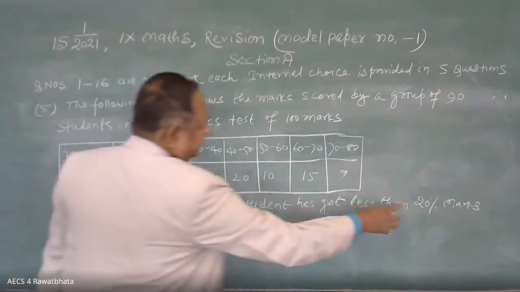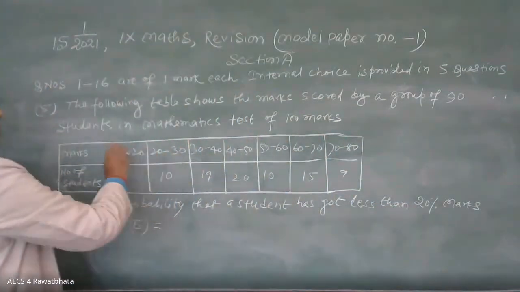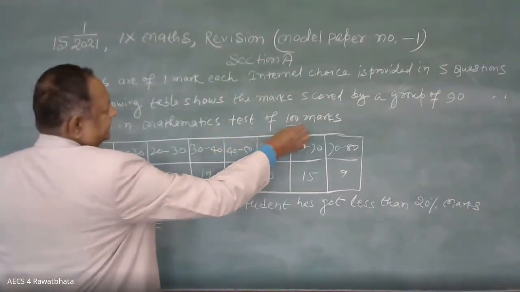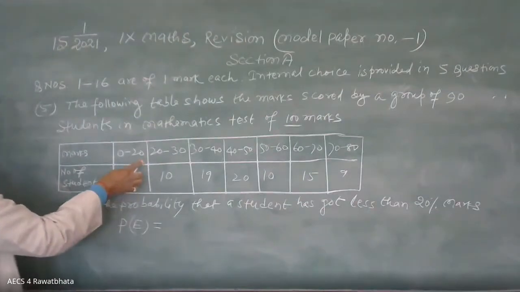less than 20% marks. These marks are out of 100. So this is less than 20.